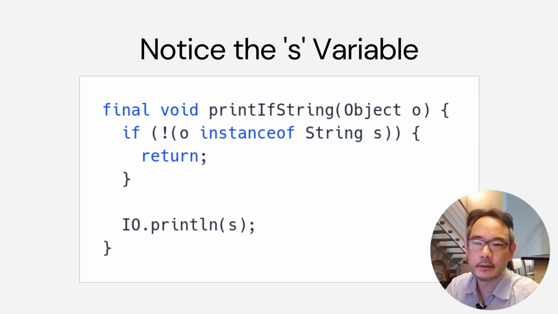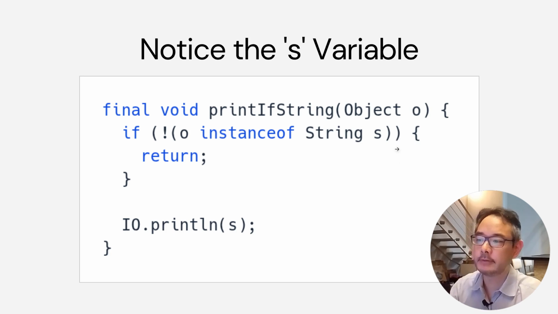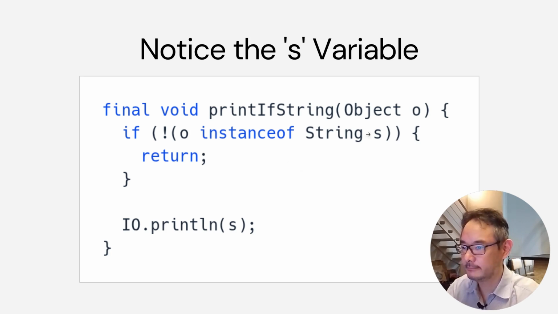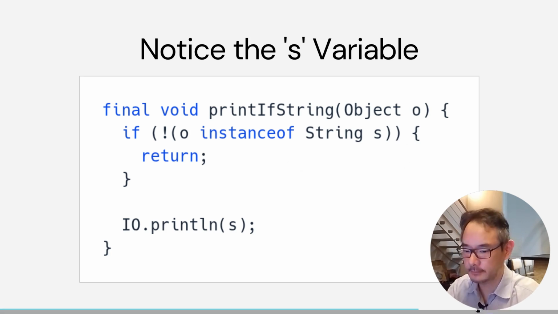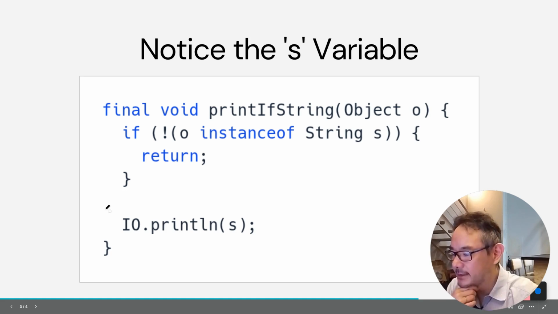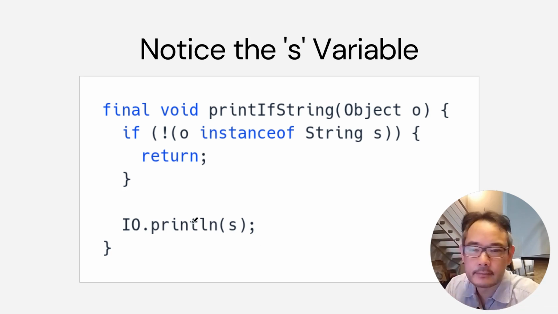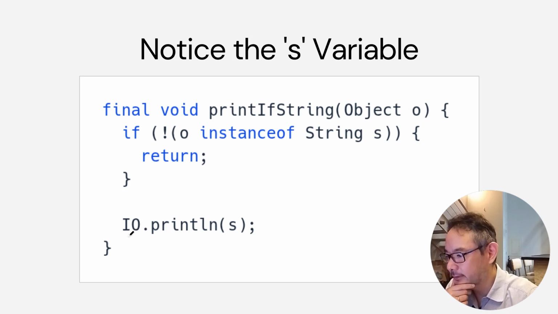We have a simple method here that should print the object if the object is an instance of string. The interesting part here is that the s variable is in scope here at the bottom of the method.